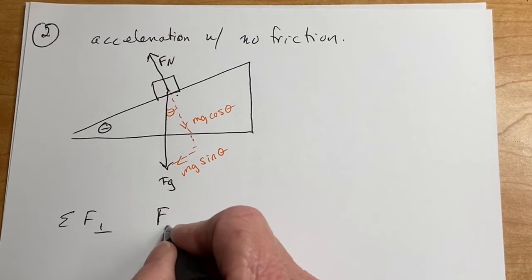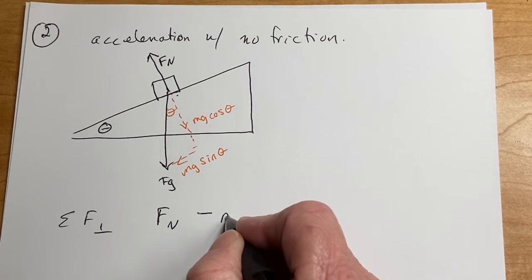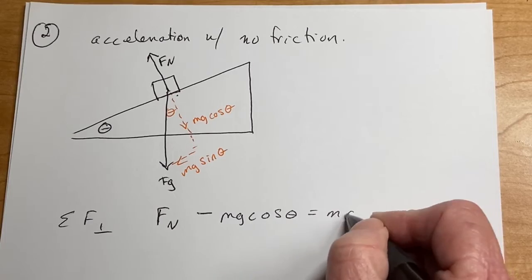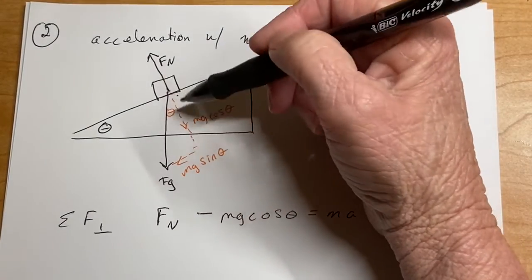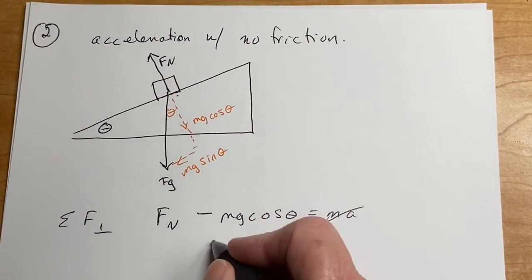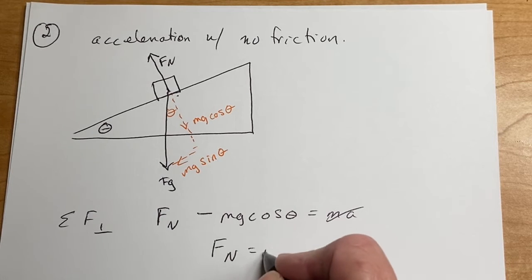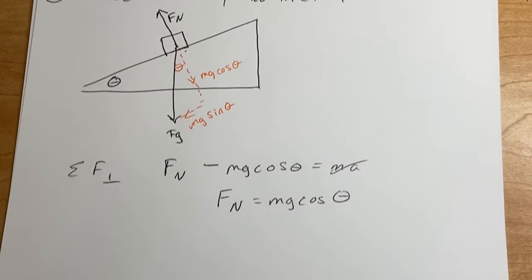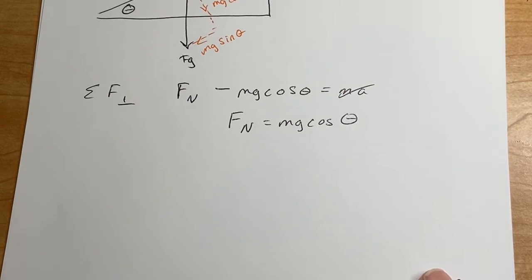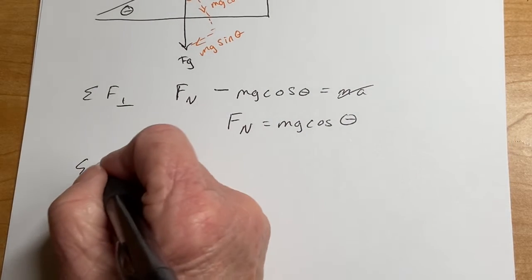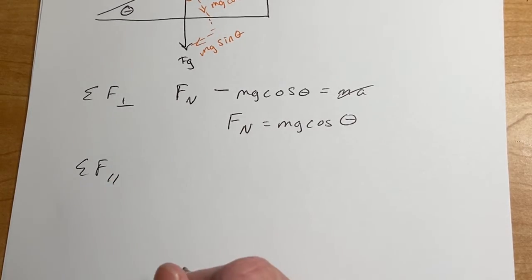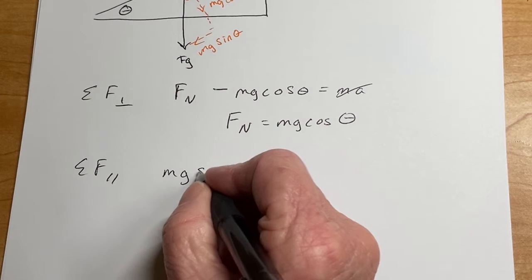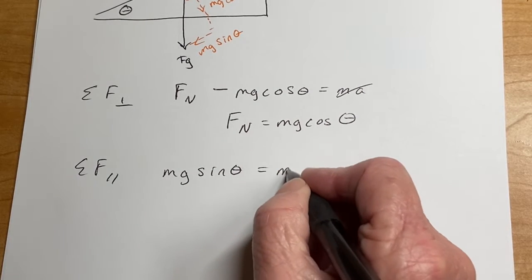So we have F normal up minus mg cosine theta equals ma. Again, unless it's jumping off the ramp, ma is going to be 0. So that literally just gives us this, and in a lot of cases it's not anything I even have to use. It's the parallel one. In parallel, we have no friction, so all I have is mg sine theta equals ma.